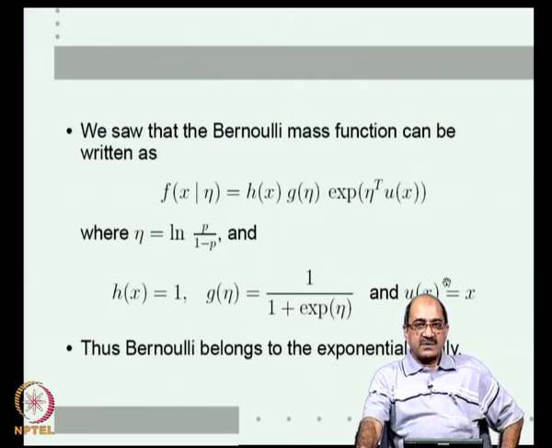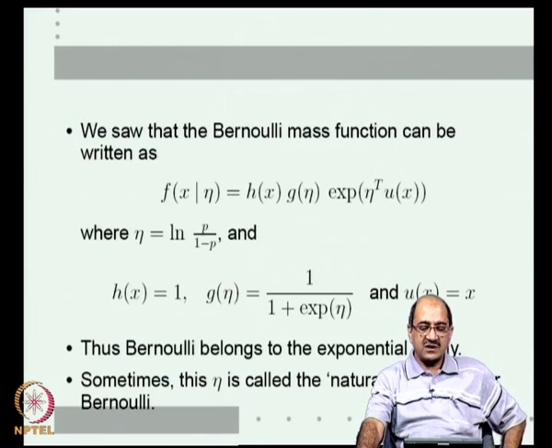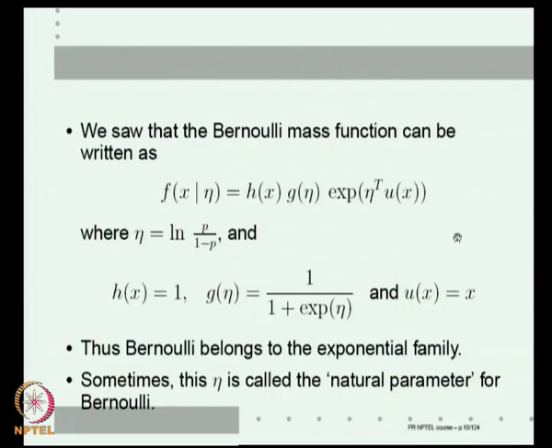So, Bernoulli belongs to the exponential family, the details we saw last class, and as I said last class, such an eta is often called the natural parameter for the Bernoulli model. Similarly, for all the other things expressed, when a density is expressed in the exponential family form, the corresponding eta is called the natural parameterization for the density.